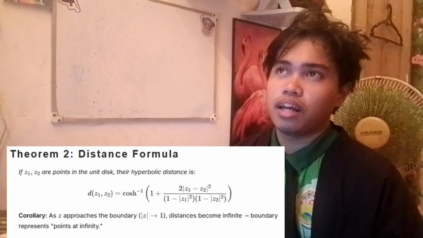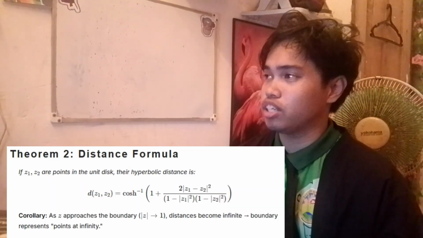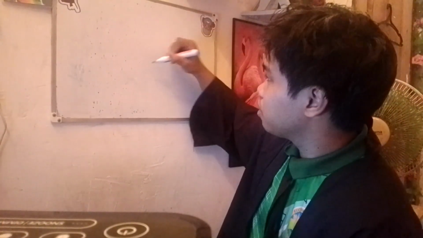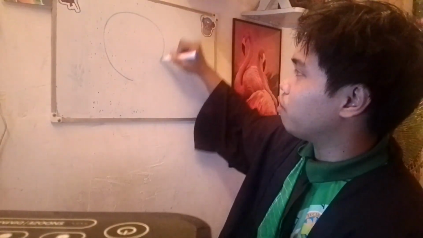Now, how do we explain the distance formula in the Poincaré model? Do you agree that the formula is scary looking because we don't understand what the points are? But it's just telling us, let's discuss this as a drawing.